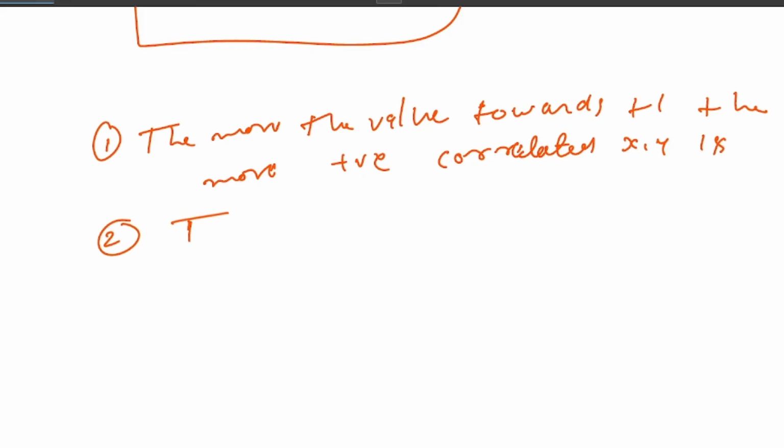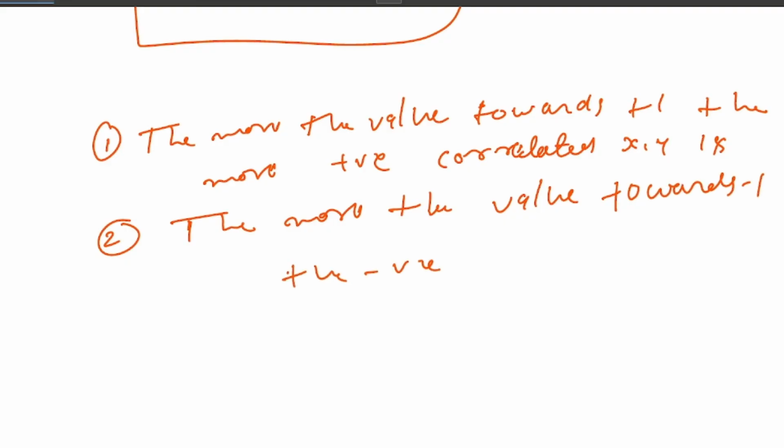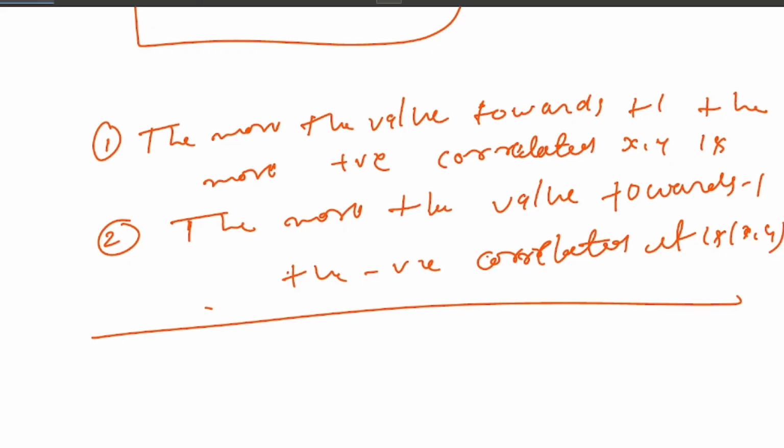And second one is, the more the value towards -1, the more negatively correlated x and y are, right? So yeah, this one is about correlation, and previously we read about covariance. So this is all about correlation and covariance, right?